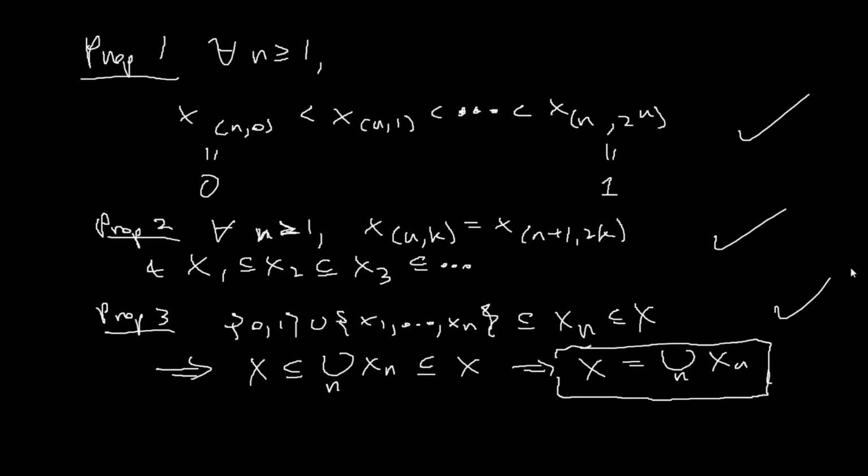This means that the labeling system that we've devised covers all the possible elements of X. So for any given element x in X, there's a sufficiently large n for which x equals xn comma k.